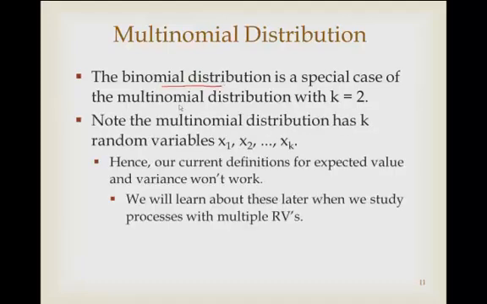Notice that the multinomial distribution has k random variables, x1, x2, all the way to k. Before, we had 3 different colors in our guinea pigs. So our current definitions for expected value and variance actually won't work in this case. But lucky for you, we're not going to learn about that now. We're going to learn about that later when we study processes with multiple random variables.